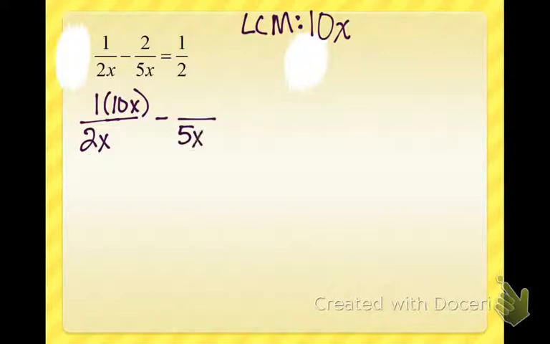Once we figure out what our least common multiple is, the directions say, that we just went over, is to multiply each piece, which means each numerator, by that least common multiple. You will not multiply it to the denominator, just to each numerator.